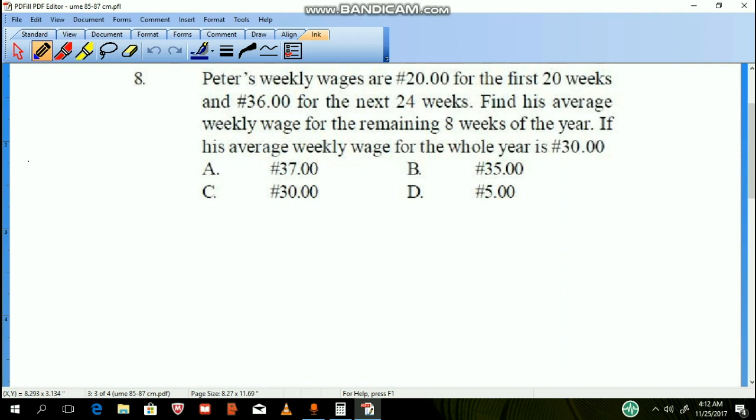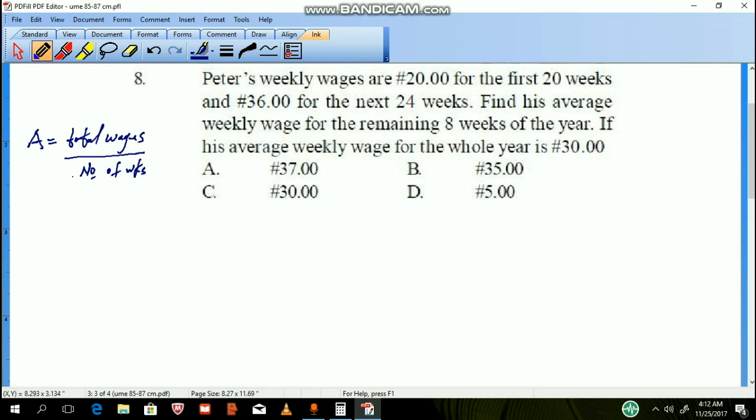Now, first thing we need to put in mind is that to get his average weekly wage for the whole year will mean the total wages all divided by the number of weeks. Now, in a year, how many weeks do we have? We've got 52 weeks in a year.